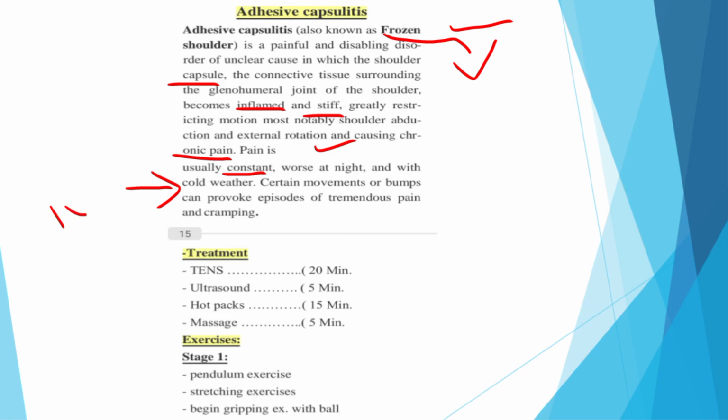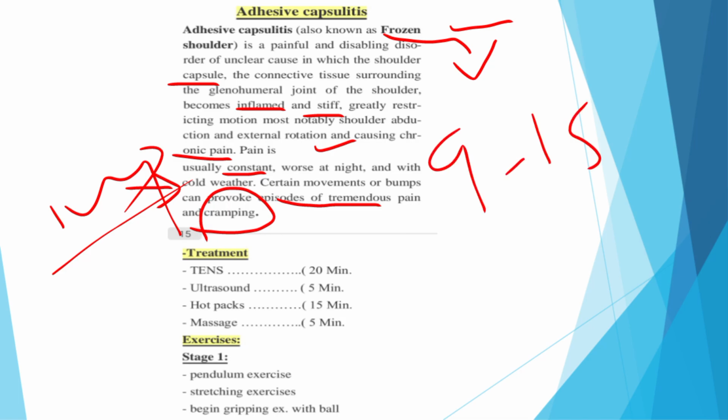Important for MCQs: certain movements or bumps can provoke episodes of tremendous pain and cramping. It is a painful condition, and frozen shoulder takes up to 9 to 15 months to recover without physiotherapy. It can recover by itself but takes a long time.